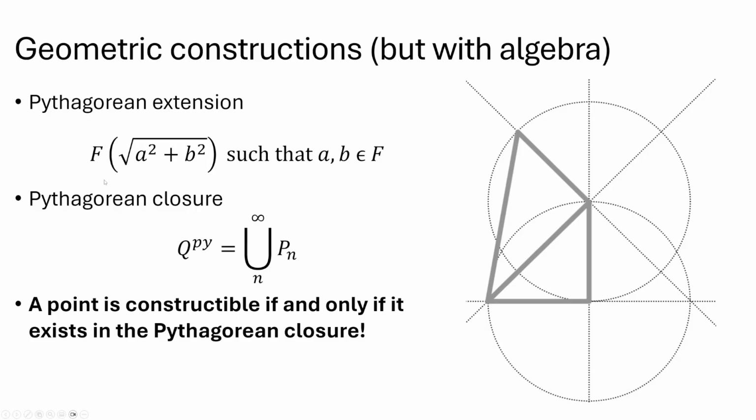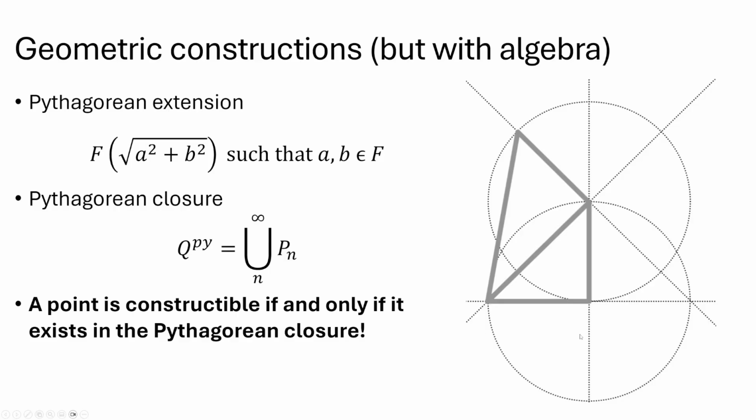And what you get is this thing called the Pythagorean closure, which is the union of all constructible points. And importantly, I'm not proving anything here. I'm not proving anything in these presentations, because these were just brief presentations, take some questions, yada yada. So a point is constructible if and only if it exists in the Pythagorean closure. And this is very important.